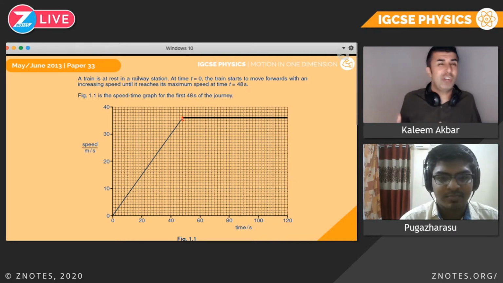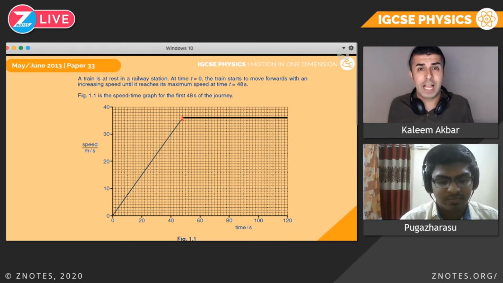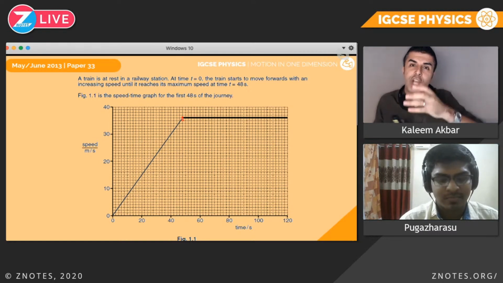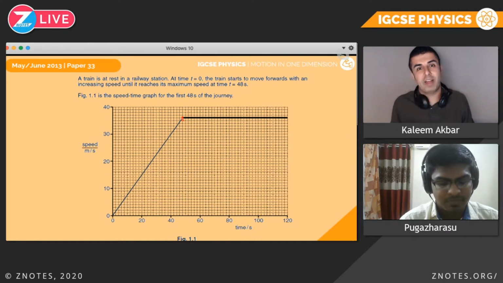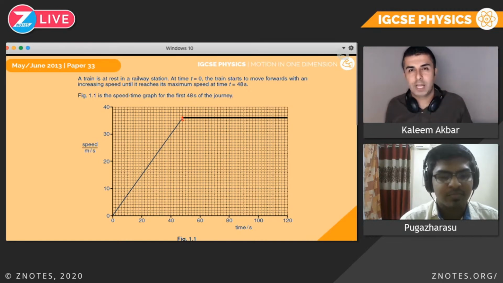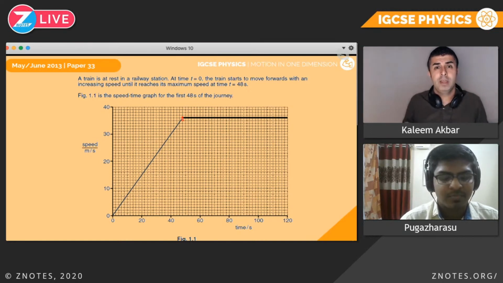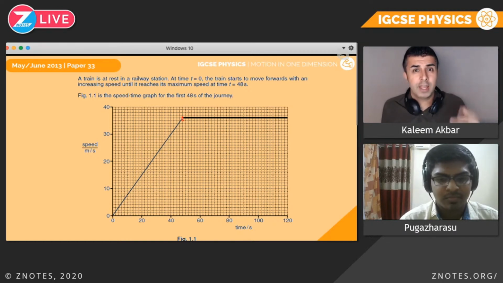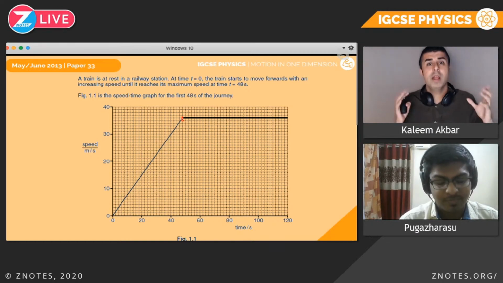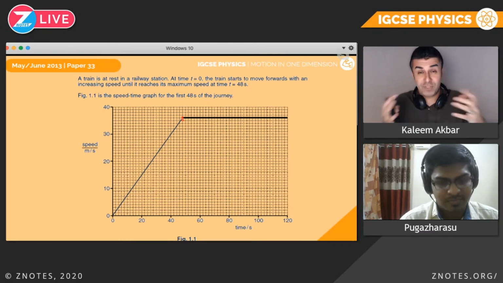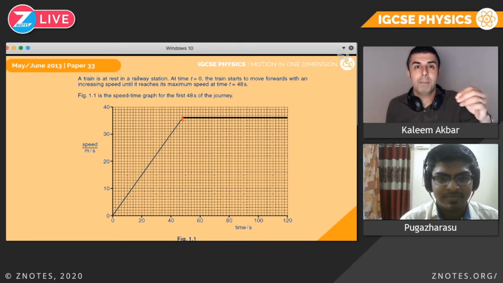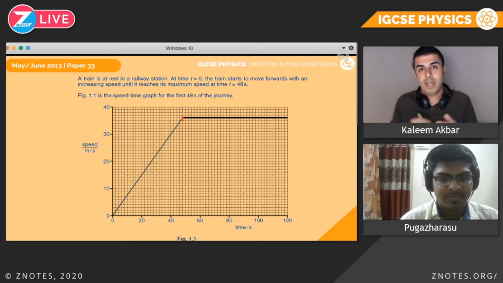So what they're really saying is it's now moving at a constant speed, which happens to be its maximum speed at that time. Please don't misunderstand me. Like the Ferrari example, if it was in the street and it's going 10 kilometers per hour, I'm sure you all understand that's not its maximum speed the car could go at, but it was its maximum speed if it was going at that speed in our street.